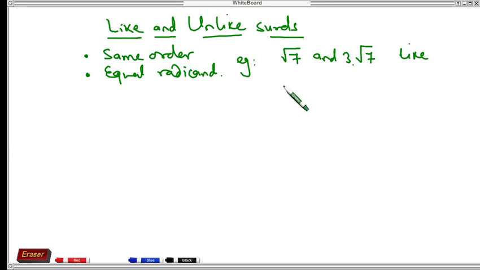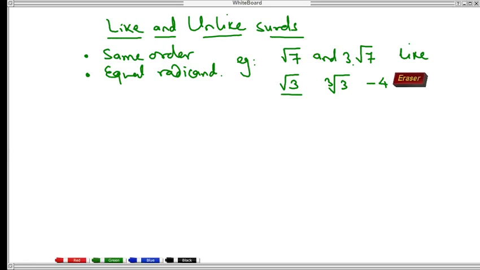Otherwise they are unlike. We can compare root 3, cube root of 3, and minus 4 times square root of 3. If we compare here, first, what is the radicand? 3. And here also 3.